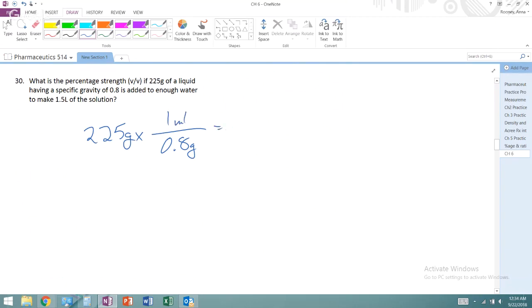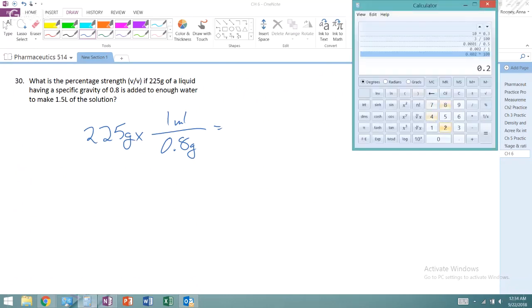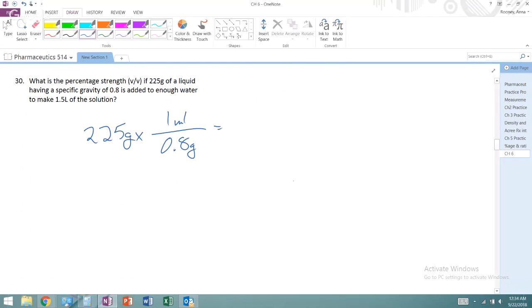So that is 225 divided by 0.8, which is 281.25 milliliters.